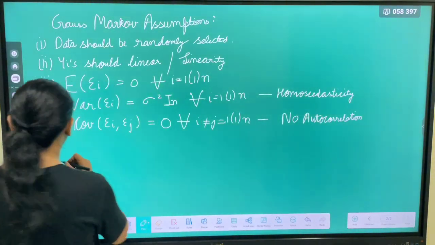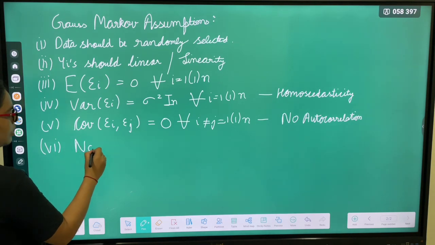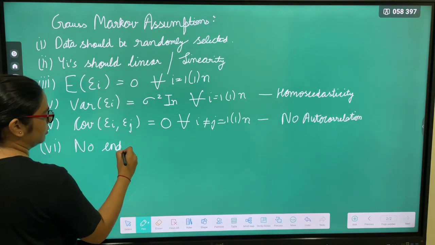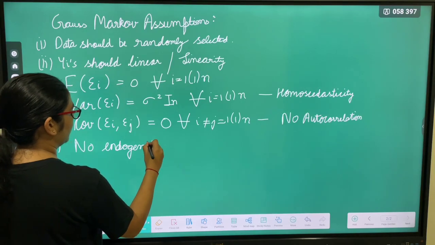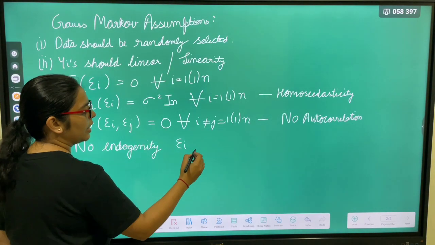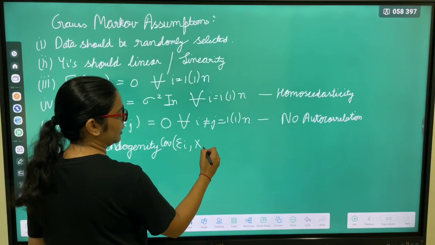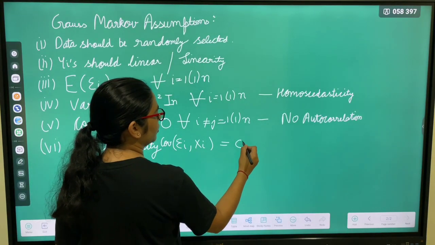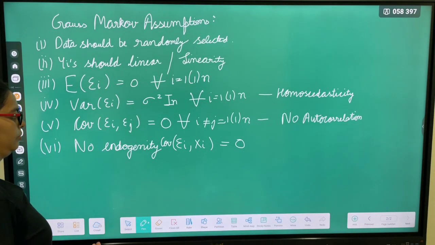Then again, the sixth property is no endogeneity, which means that the covariance of epsilon i and xi should be equal to 0. That is, the error term should not depend on the independent variable.